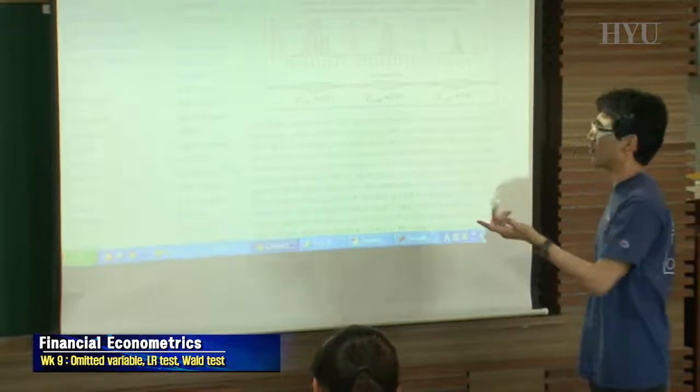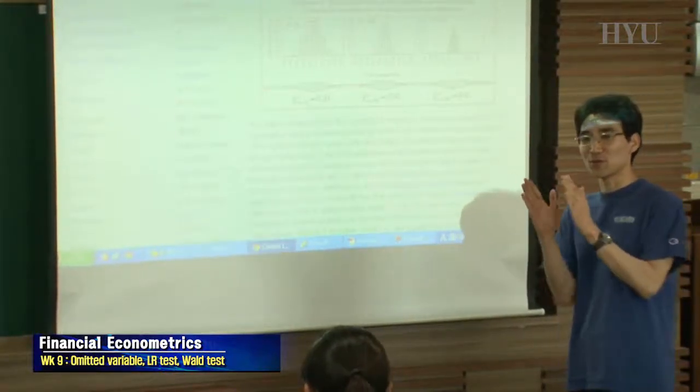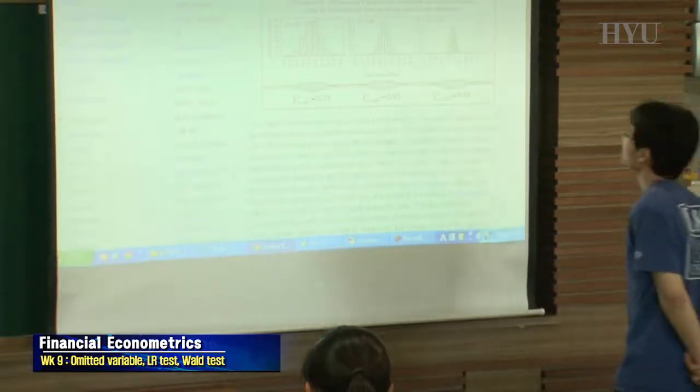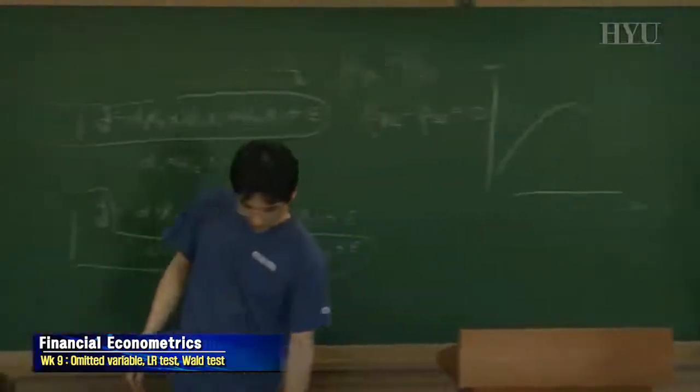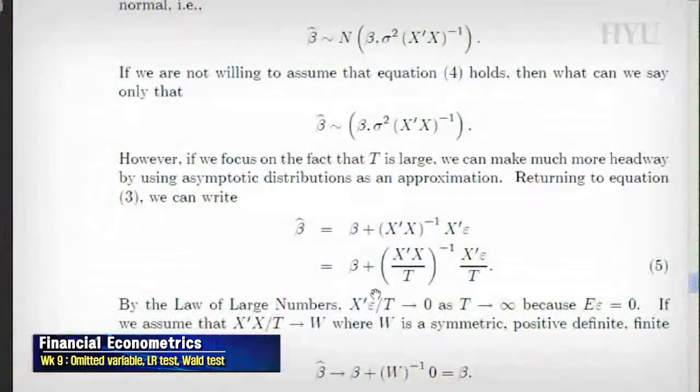So basically it becomes a constant. Anyway, by the law of large numbers the sample mean converges to the true mean, and we assume that the true mean is 0, so this one should converge to 0.